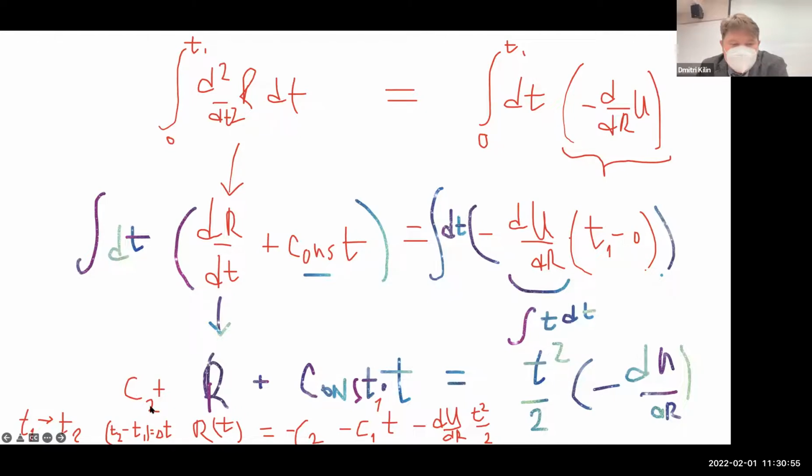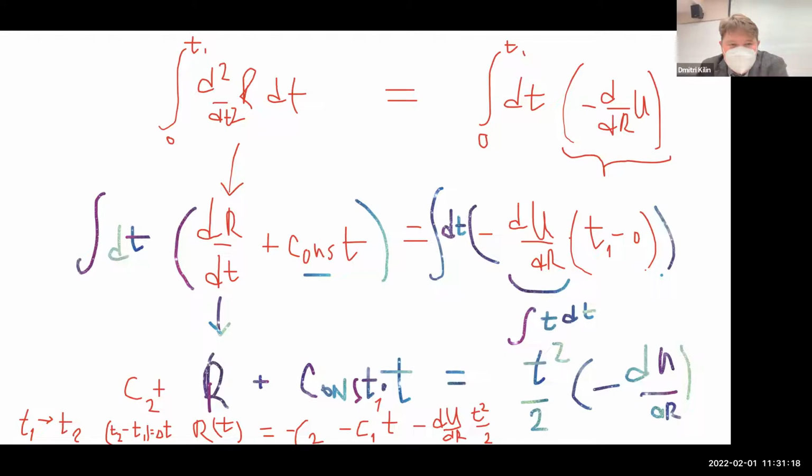And we get another, second constant for the second integration. And on the right part, we integrate the gradient times t, which originated from the first integration, and then the integral of t will be t squared over 2, right?